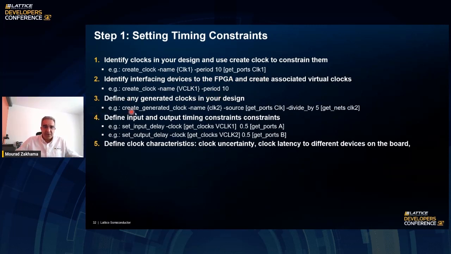Then, based on how the HDL code is written, if there's any generated clock, identify them and create a timing constraint to indicate that to the tool, create generated clock, and the relationship between the original clock and the generated clock, like in this case, divide by 5, for instance.